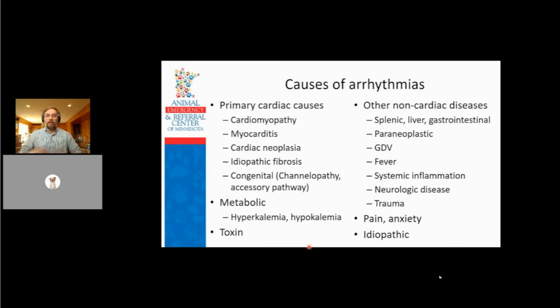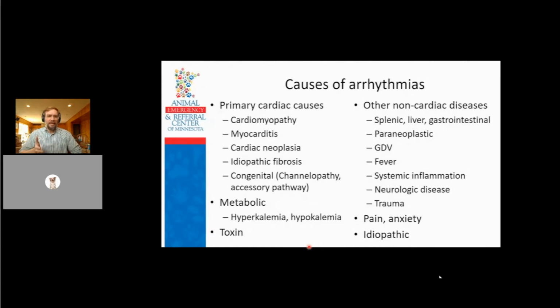Or congenital, what we call channelopathies, some abnormal ion channel that they were born with, like the inherited arrhythmias of German Shepherds. But I've also seen other puppies that have really bad ventricular arrhythmias, and we never find the reason why. We assume it's some channelopathy. In humans, there's many different channelopathies for kids who have arrhythmias.